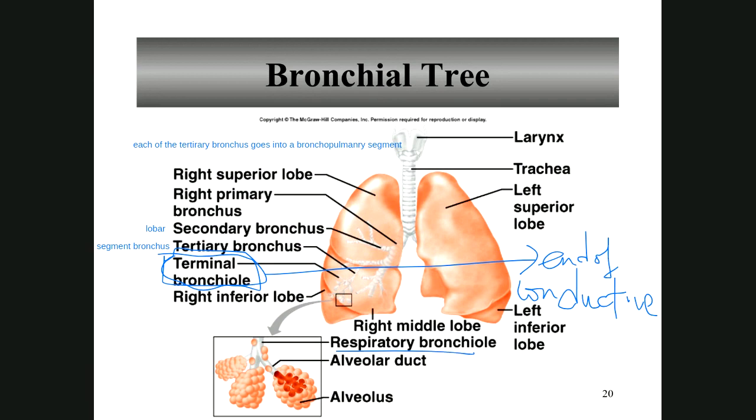Then it follows along the respiratory bronchiole into the alveolar duct and the alveoli.